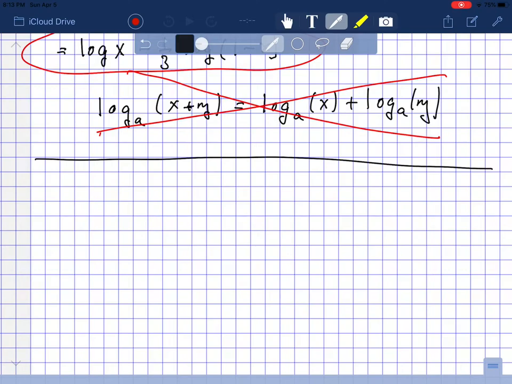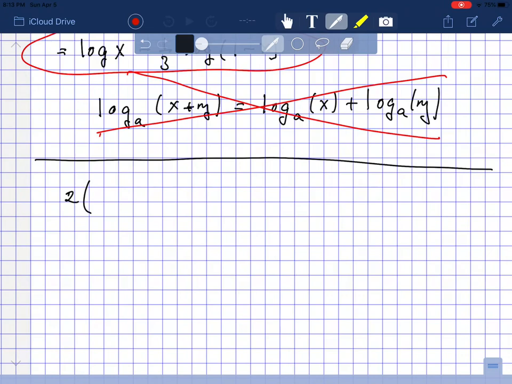Suppose we look at this. Let's see, what should we do here? 2 times the log base 5 of x plus 2 times the log base 5 of y minus 3 times the log base 5 of z.